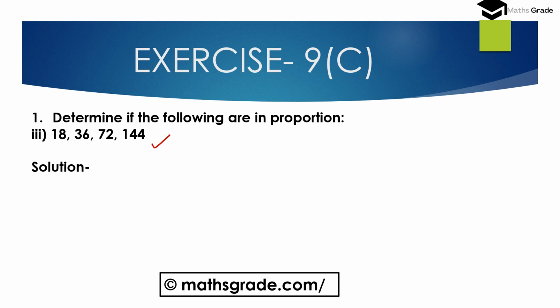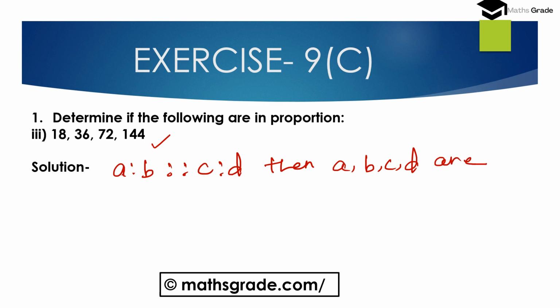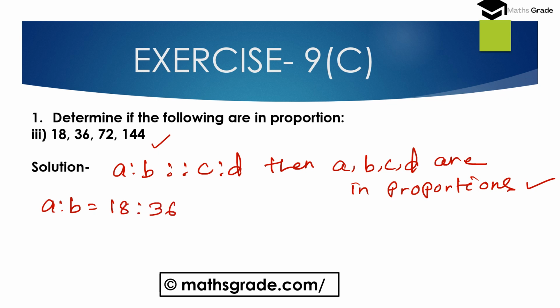The numbers A, B, C, D are in proportion if A is to B is proportional to C is to D. So A is to B is 18 is to 36, which is equal to 18 divided by 36.